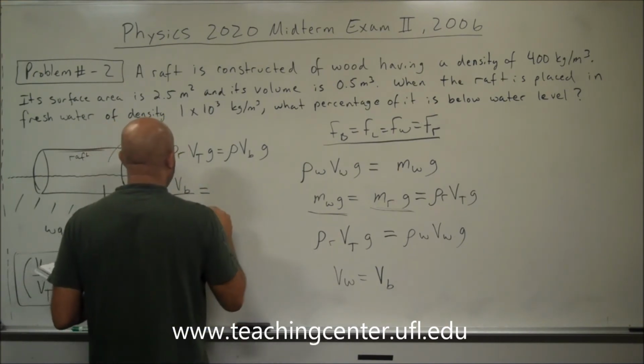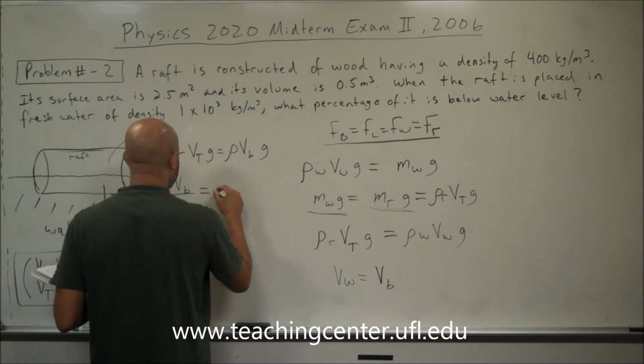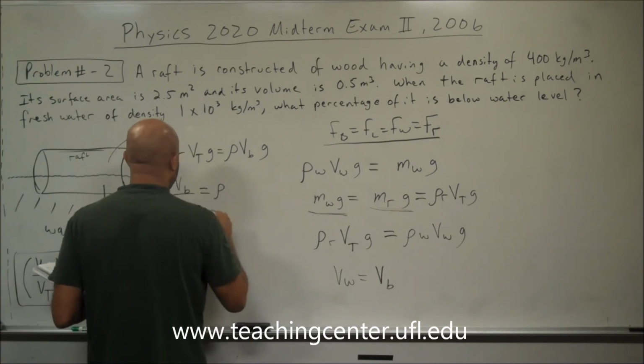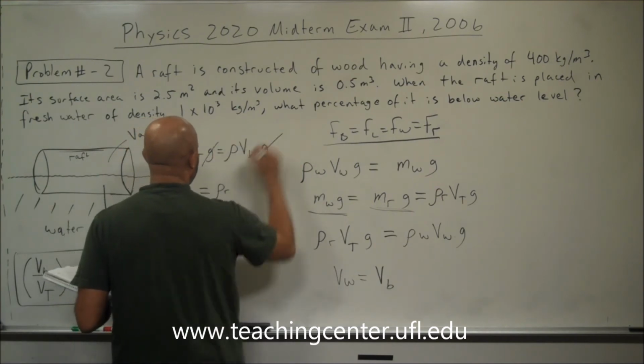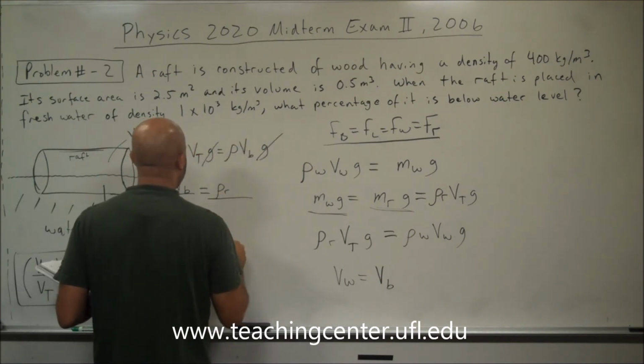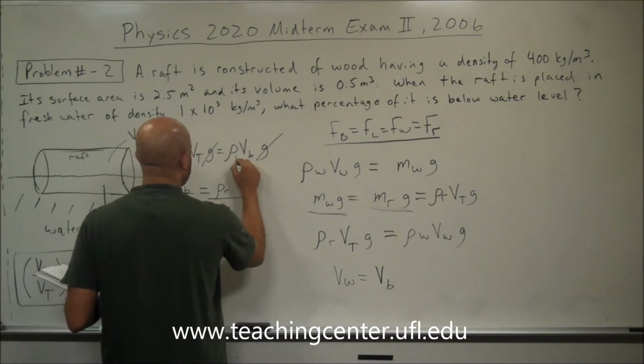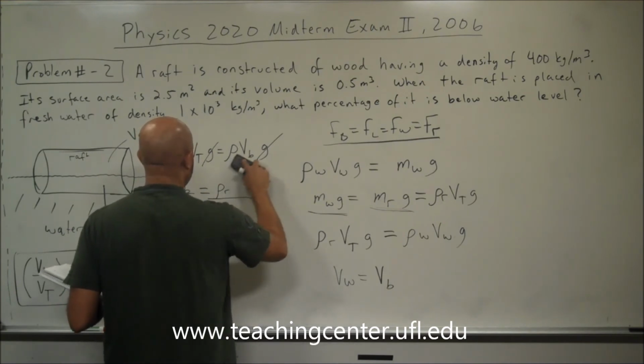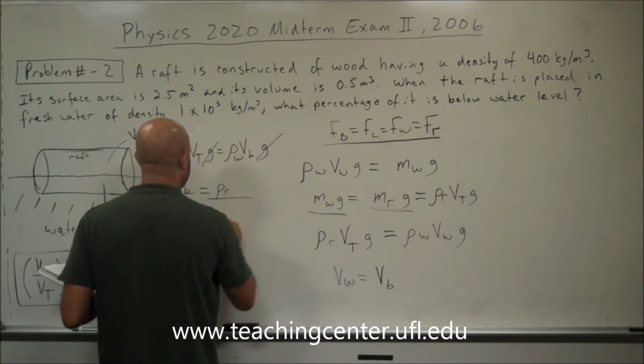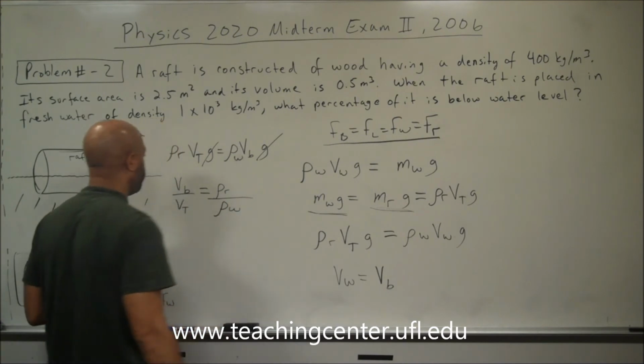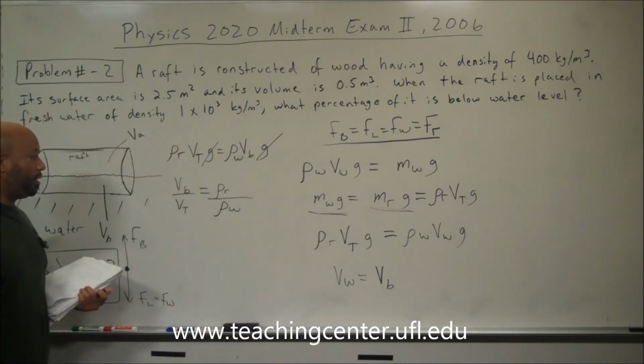So if we solve this equation for VB divided by VT, we get VB divided by VT is equal to the density of the raft. We know that gravities will cancel out, divided by the density of the water. Okay?